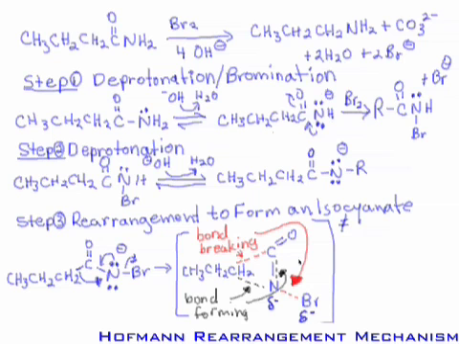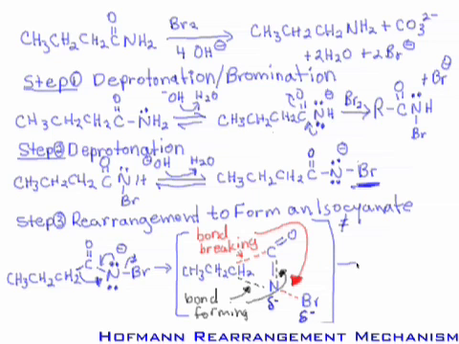So if you like, what we're getting is a 1,2 shift of a propyl group in conjunction with the elimination of bromine. This 1,2 shift seems to be facilitated by the loss. It's almost like a backside attack on nitrogen to kick out bromine, like a nucleophilic substitution, except it's happening on this unstable intermediate that's formed. By the way, this R group that I have up here obviously is bromine. Okay, so watch that.